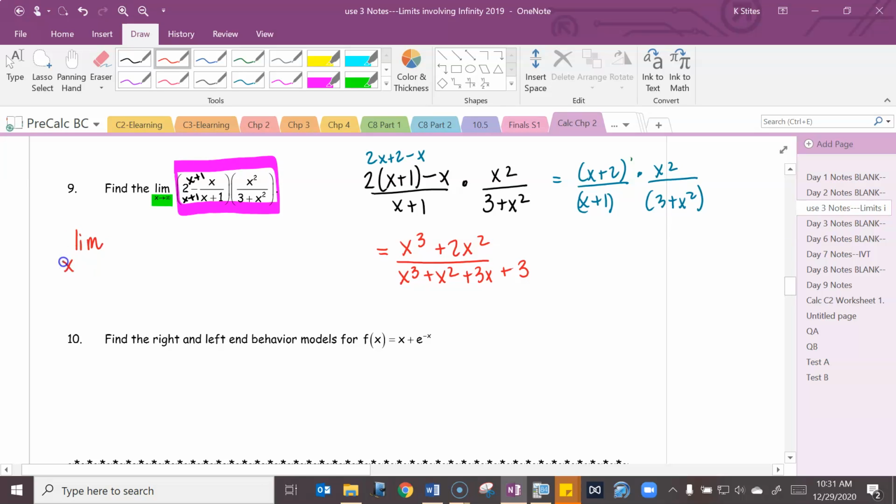We're finding the limit as x approaches infinity of this. Now when you look at this, it's a polynomial function. The degrees are equal on top and bottom. So now we can divide the ratio of the lead coefficients, which is 1 over 1. That means we have a horizontal asymptote at y equals 1, which means that is our limit. It is 1.